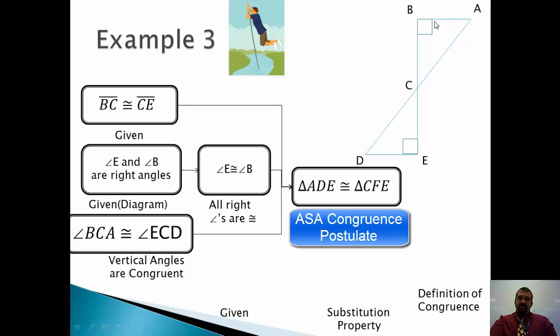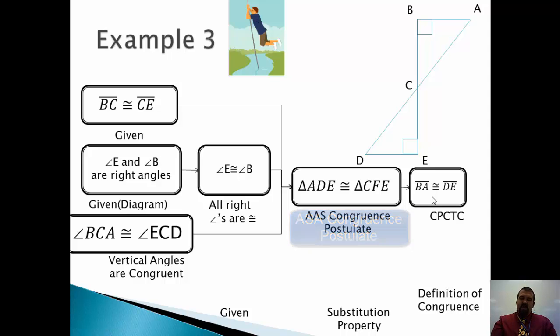Alright, now that I have the 2 triangles being congruent, I'm looking for the length across the river. So what if I then said something about segment DE, which I know is 1 mile, and segment BA? Well, they have to be congruent because the 2 triangles we're talking about are congruent, and they happen to be corresponding parts. Well, if I'm going to talk about lengths, I really then should say that the lengths are equal.